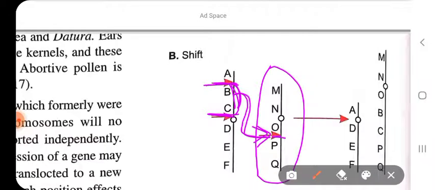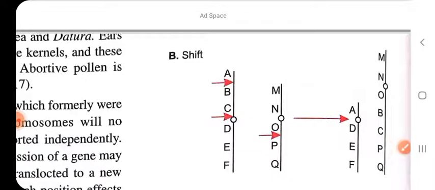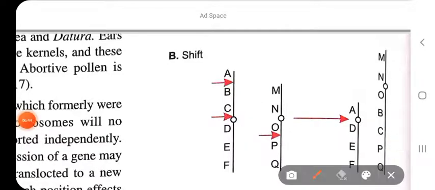So three breaks occur: two breaks on one chromosome where the fragment is going to be shifted, and one break on another non-homologous chromosome where that broken fragment has to be inserted. Simply, it is called shift translocation, where an inner segment or intercalary region of a chromosome is broken off by two breaks, and it is inserted into a non-homologous chromosome within the break.